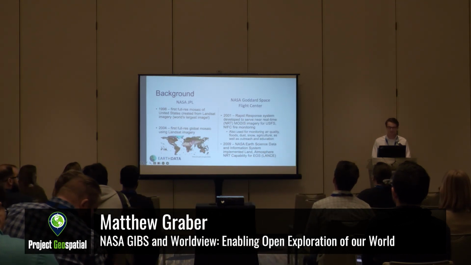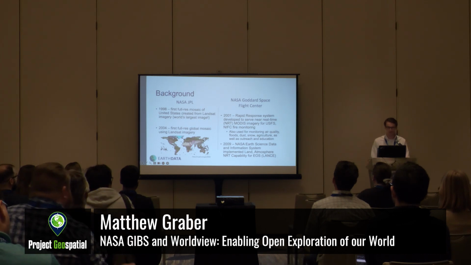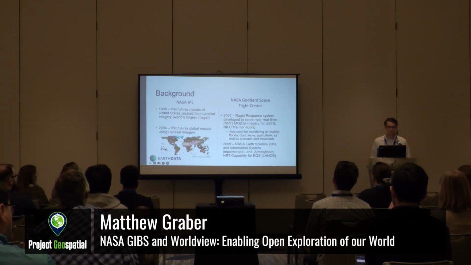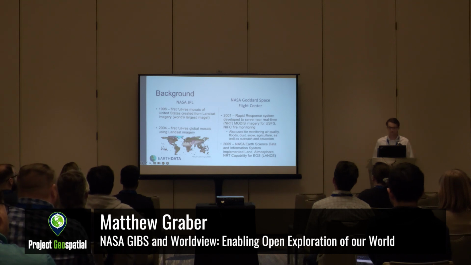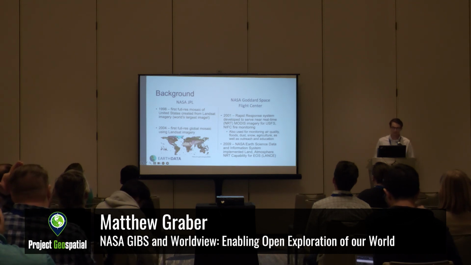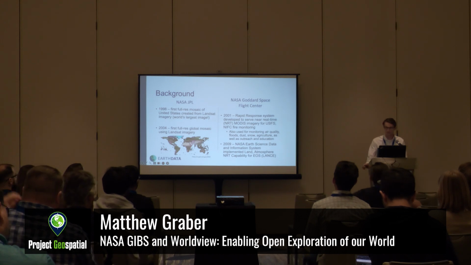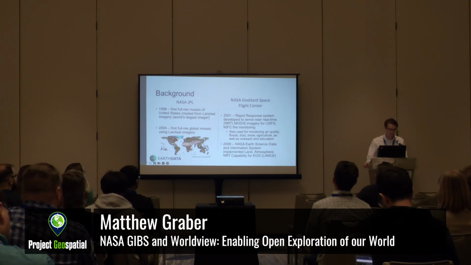While this was going on at Goddard Space Flight Center, in 2001 a capability was developed for producing near real-time imagery products from MODIS imagery. MODIS is a multispectral imager on board two different Earth orbiting satellites, Aqua and Terra.